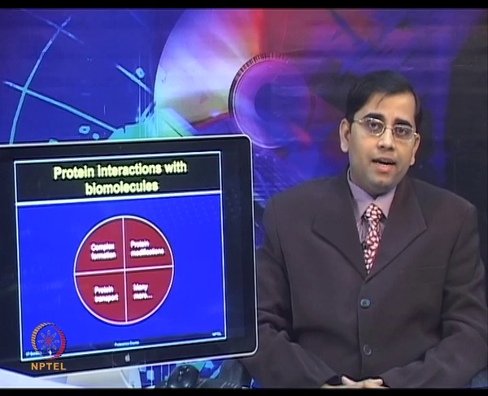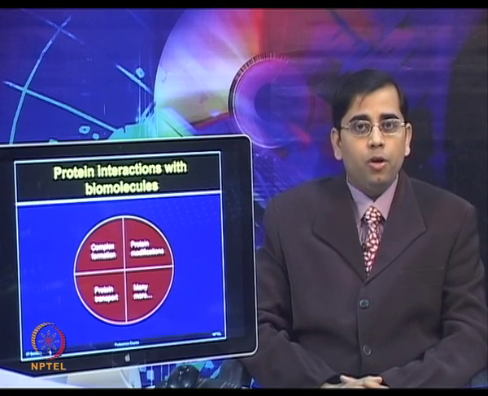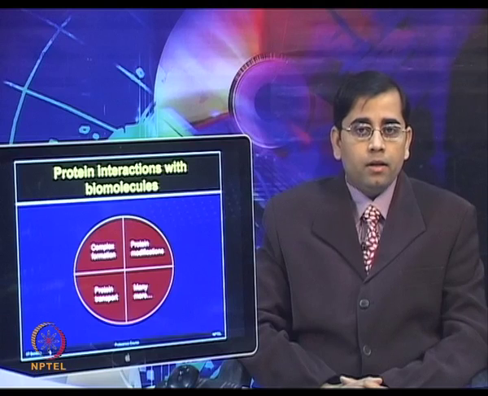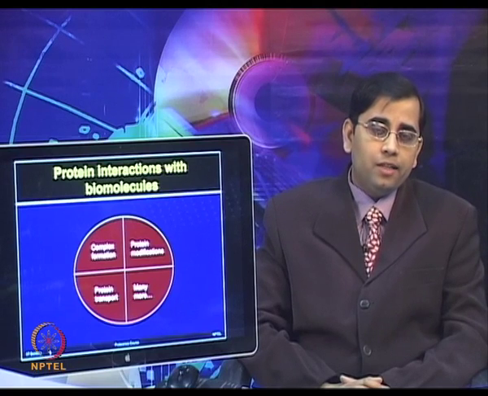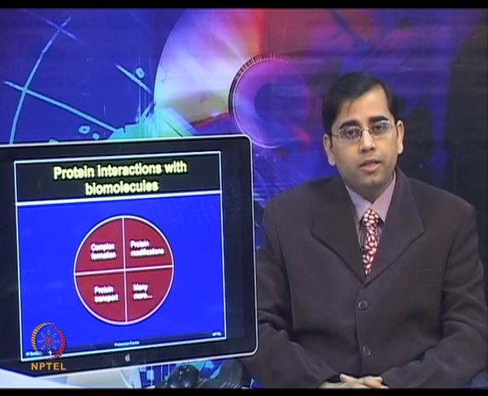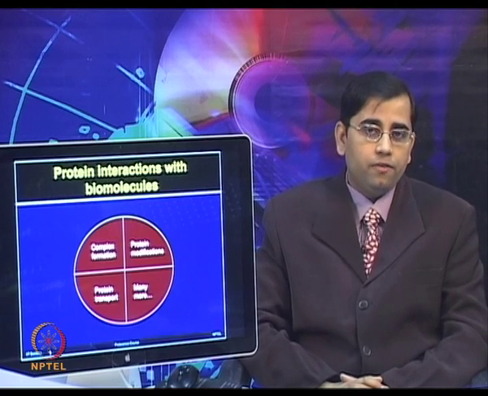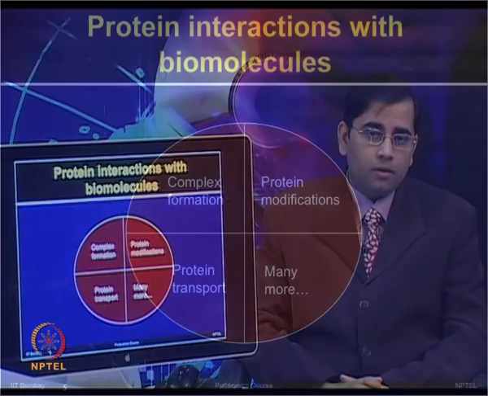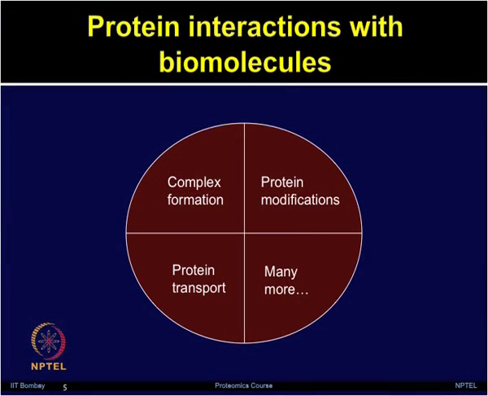So, proteins interact with a variety of biomolecules. The interaction of proteins with other proteins as well as other biomolecules helps to execute their functions. And these proteins after interactions form complexes, they modify the proteins, they help in protein transportation, and there are many more properties in which they are involved.